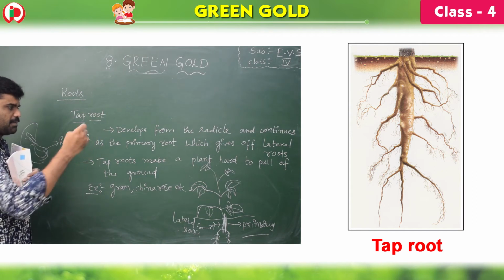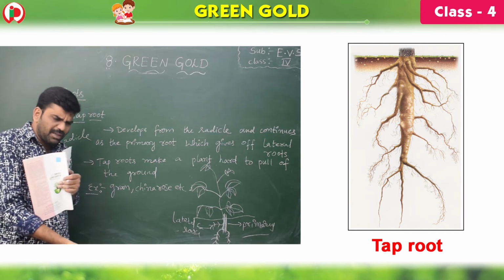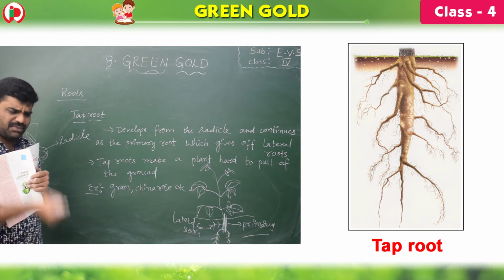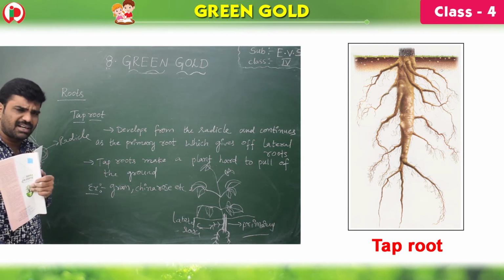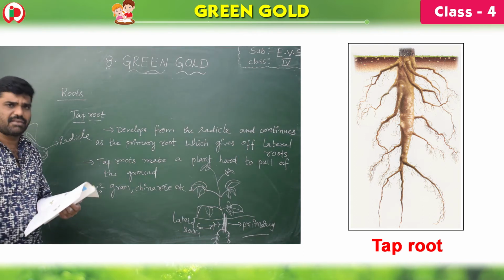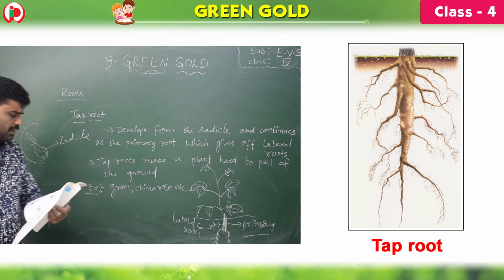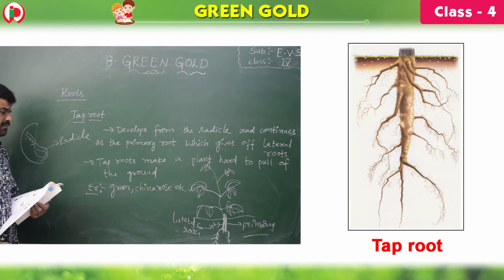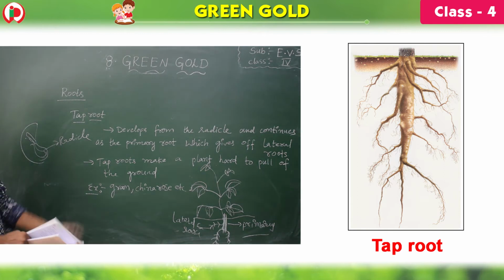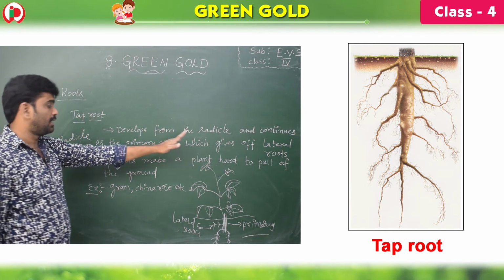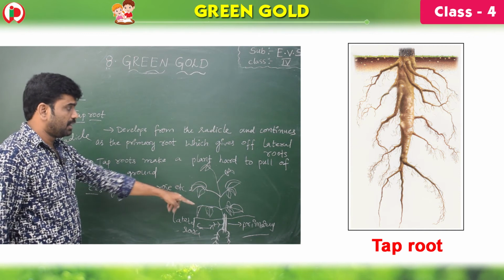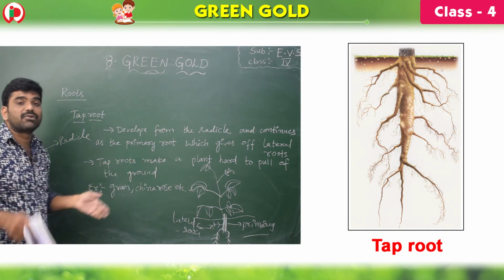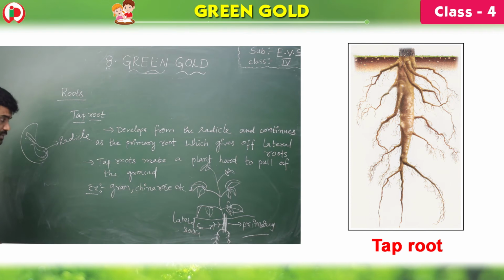A taproot makes a plant hard to pull. If you want to pull taproot plants, it is very hard, because they reach very far under the ground. The best examples are gram, China rose, etc. Once again, the taproot develops from the radicle and continues as the primary root, which gives off the side roots called lateral roots.